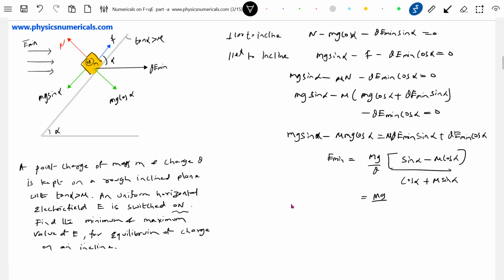So this will become mg by q, tan alpha minus mu over 1 plus mu tan alpha. So if the electrostatic field is greater than E minimum, the point charge will not slide.